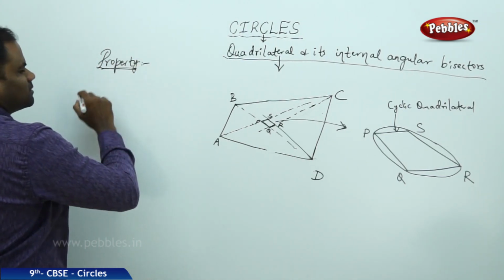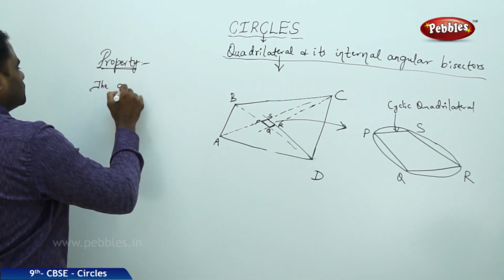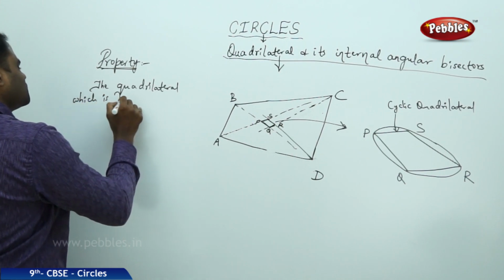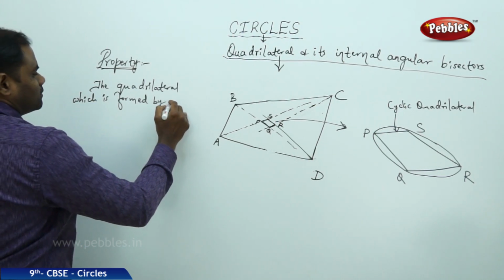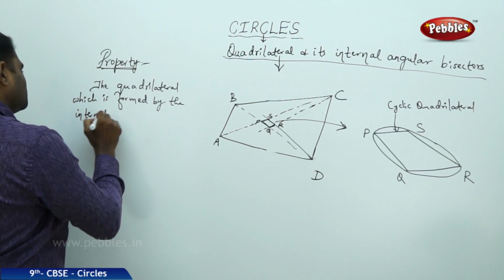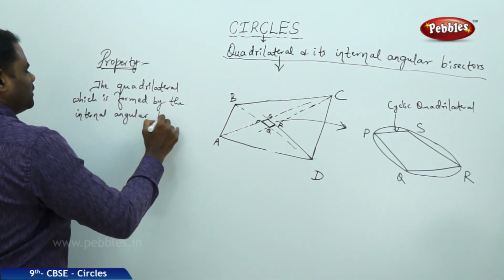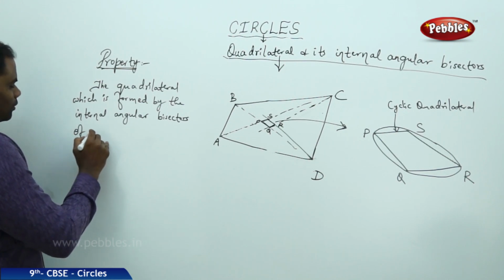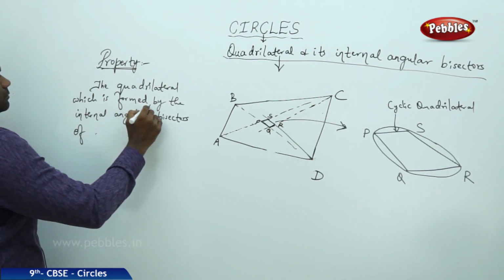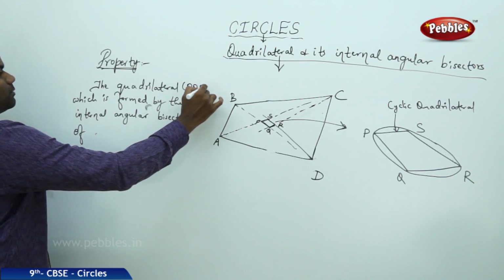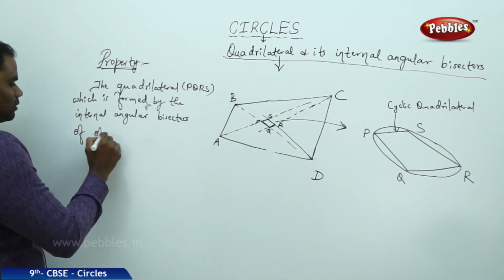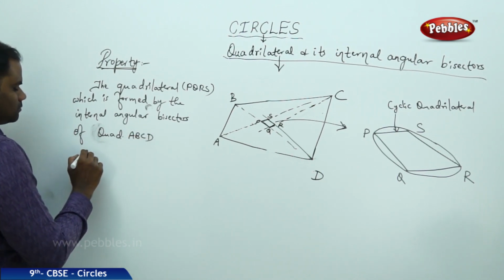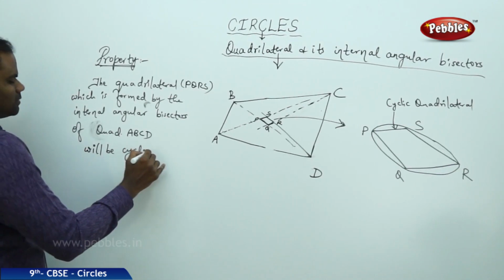The property which says the quadrilateral which is formed by the internal angular bisectors of quadrilateral ABCD, here it is PQRS, will be cyclic.